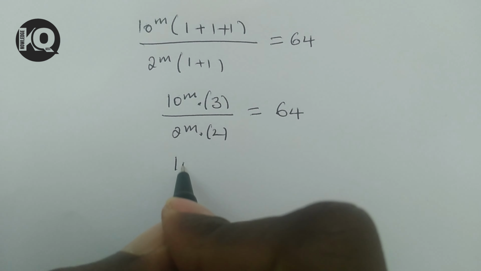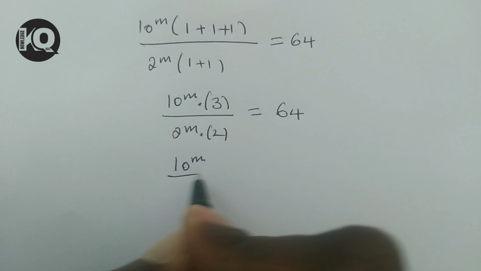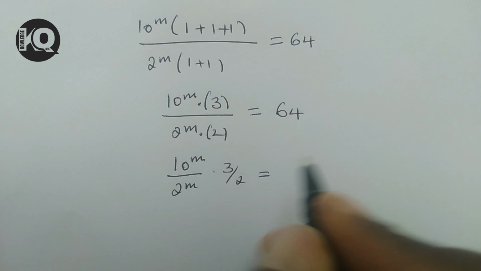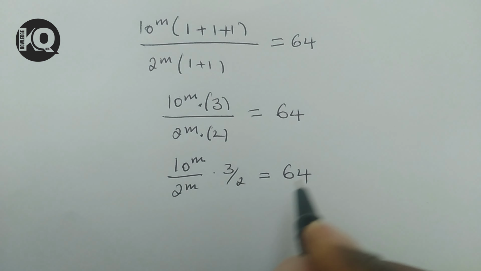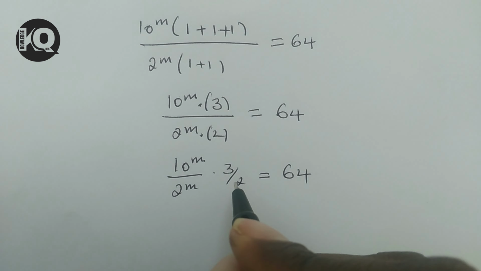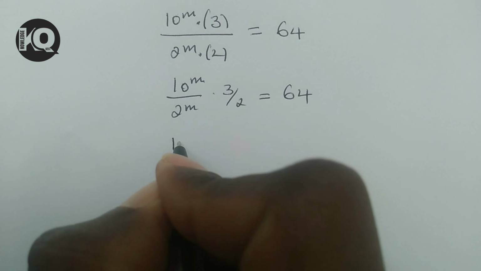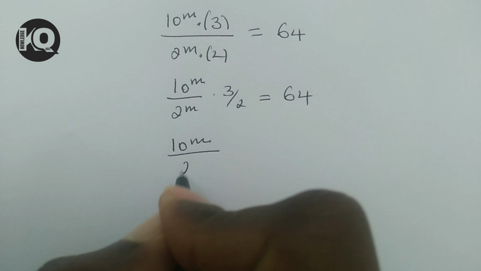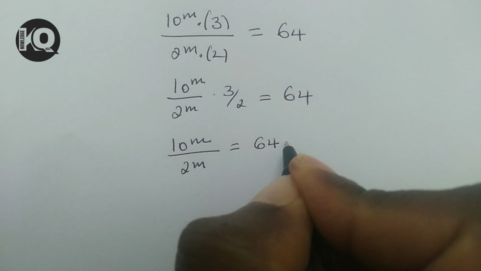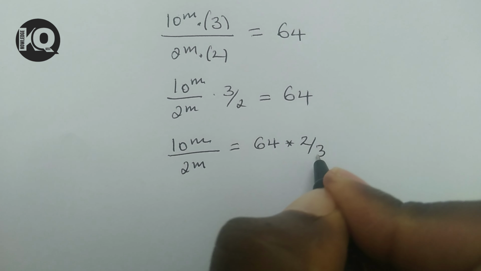First we can write this as 10 to the power of m divided by 2 to the power of m times 3 over 2, which is equal to 64. So let's multiply 64 by the reciprocal of this number. So this will be 10 to the power of m divided by 2 to the power of m, which is equal to 64 times 2 over 3.